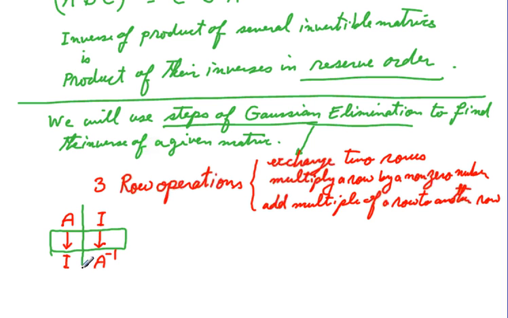So we are going to see tables running. On the left hand side we have the original matrix. We go through whatever it takes to make it identity. On the right column we are going to start with an identity, apply exactly the same operations, and then at the end we are going to get A inverse.